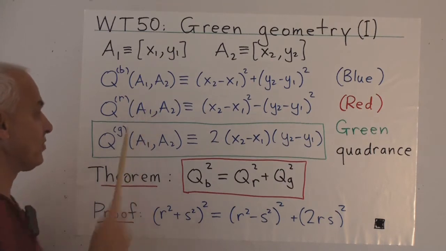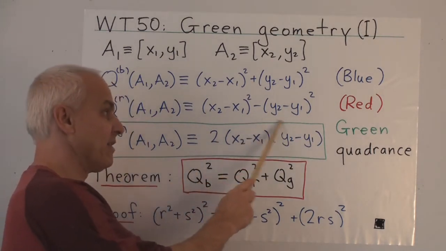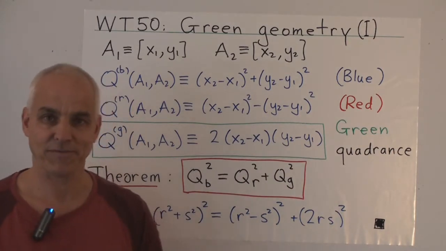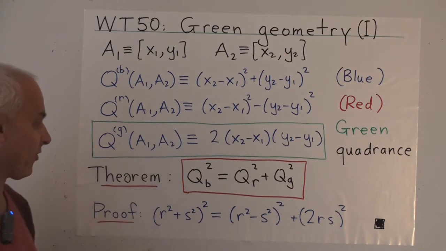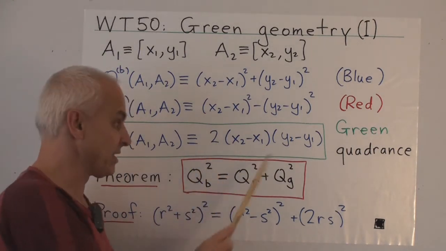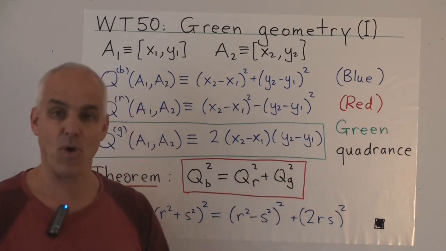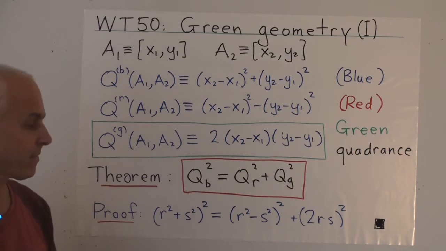The red quadrance between those 2 points is the difference between the x-coordinates squared minus the difference between the y-coordinates squared. And today we introduce the green quadrance between the 2 points, which is 2 times the difference between the x-coordinates times the difference in the y-coordinates.